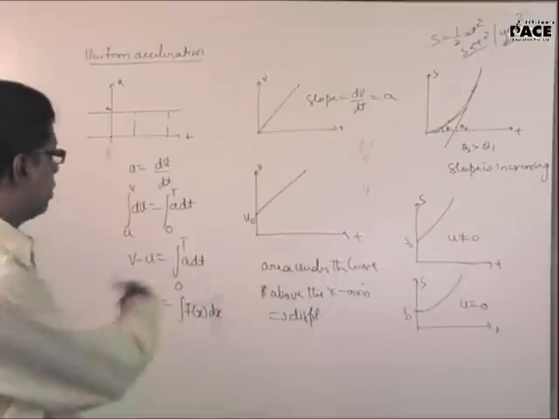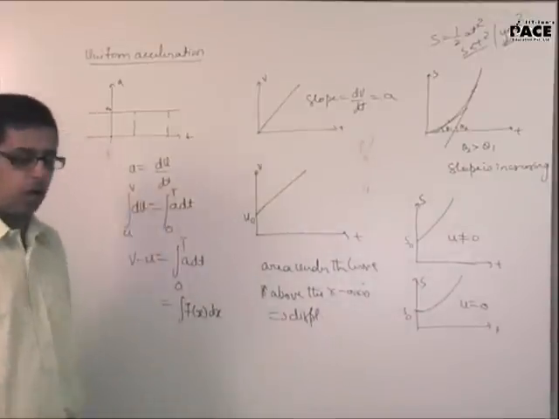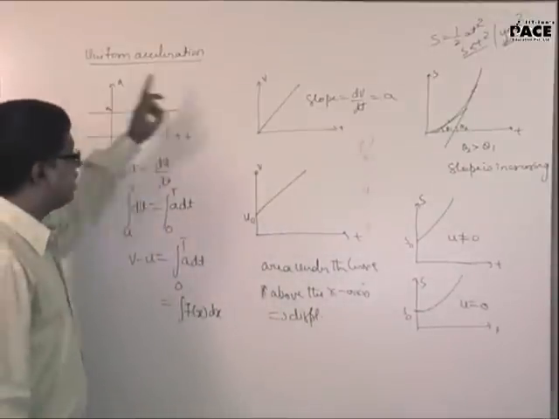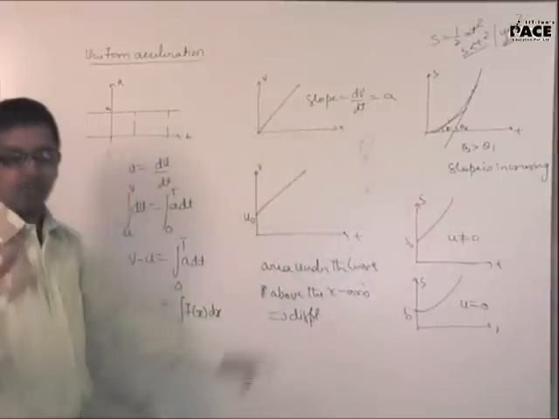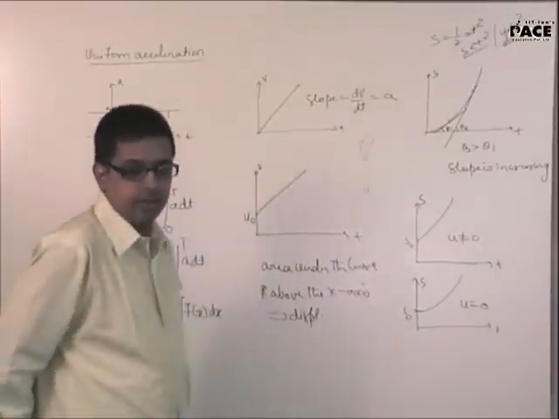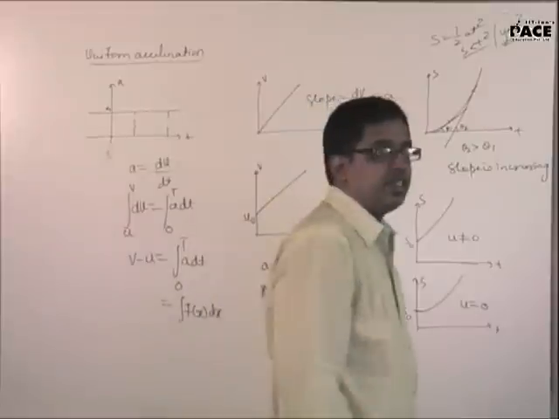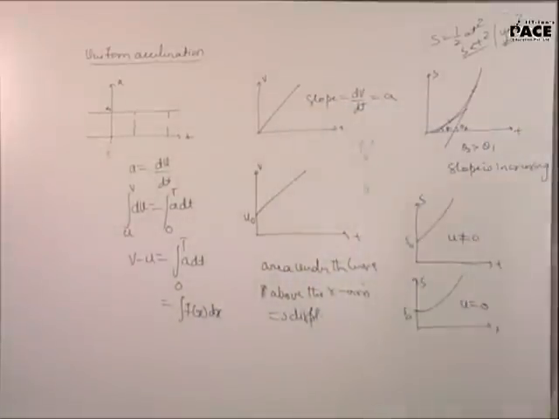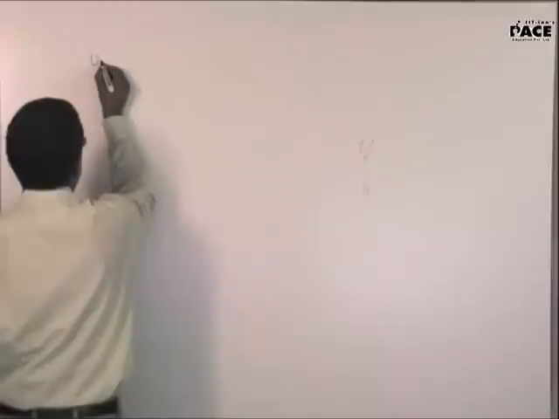Now draw the same AT, VT, ST graphs for a uniform decelerating body. If it is uniform deceleration, have a look at it.